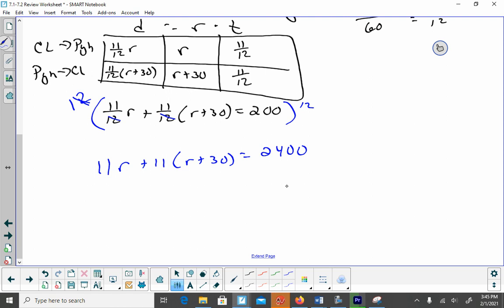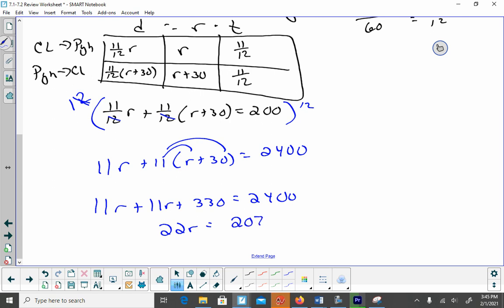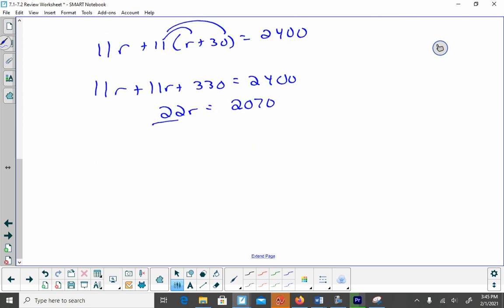Now I have a happy existence. I'm going to distribute the 11. And I'm going to subtract the 330 from both sides and combine these two. So I'm going to have 22R is equal to 2,070. Divide both sides by 22.